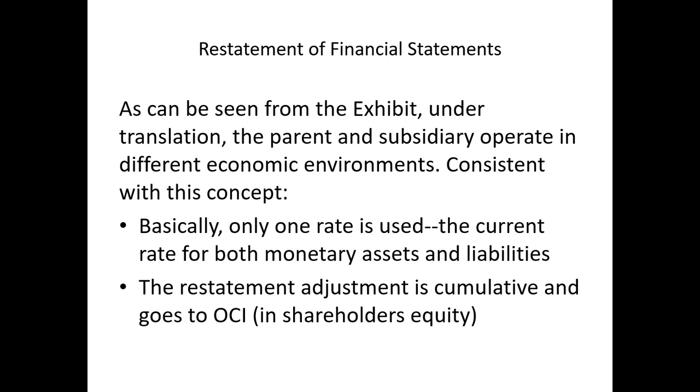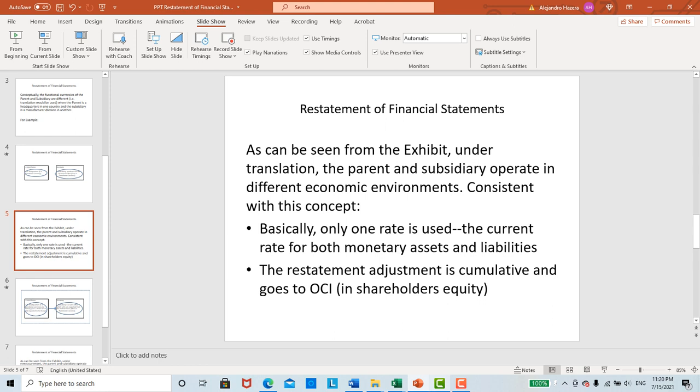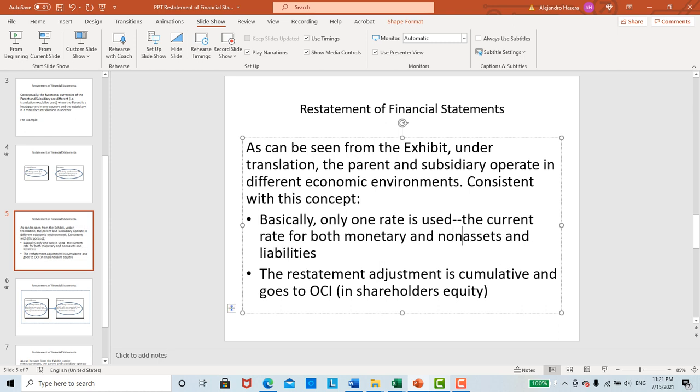You're going to take the subsidiary statements, and there's two rules here. Basically, we call it the one rate method because we're going to use one rate for both monetary and non-monetary assets and liabilities. And that's so important. It says only one rate is used, the current rate, for both monetary and non-monetary assets and liabilities.